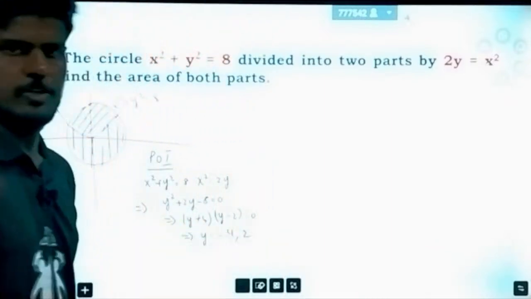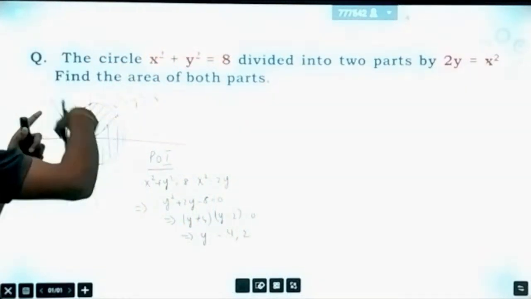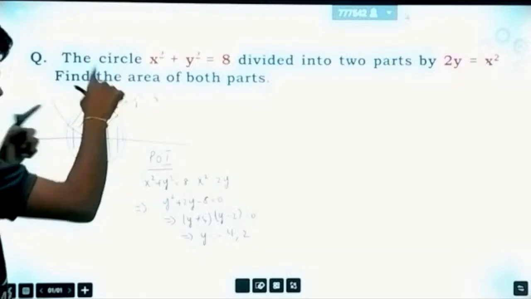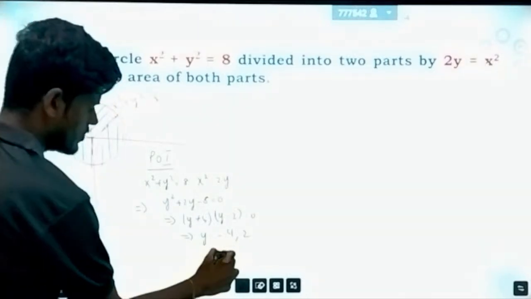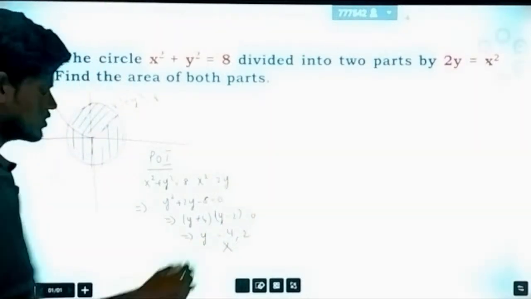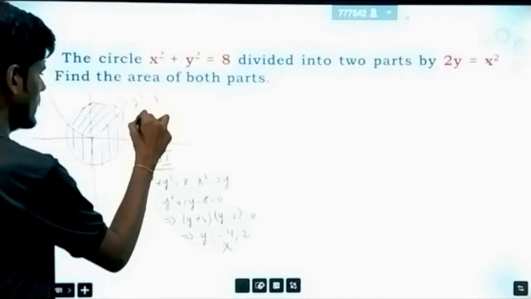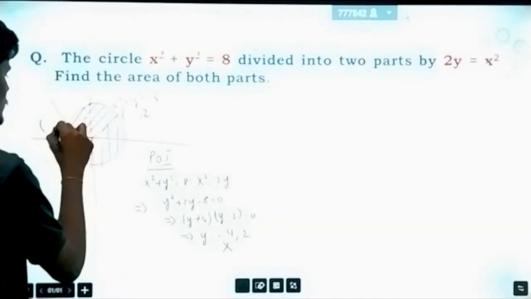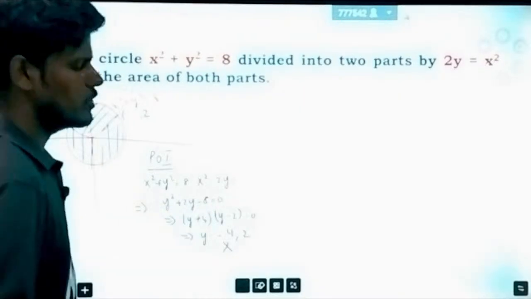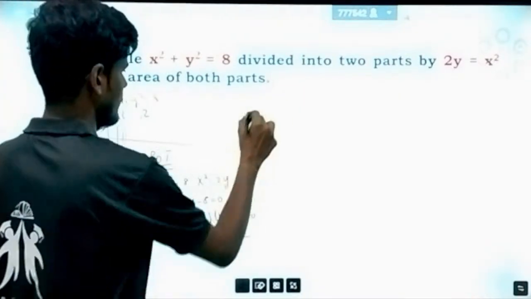Now can y be minus 4? Obviously the curve is above, so the y value should be positive. So reject minus 4. The answer is y is equal to 2. Now when y is equal to 2, what is the value of x?